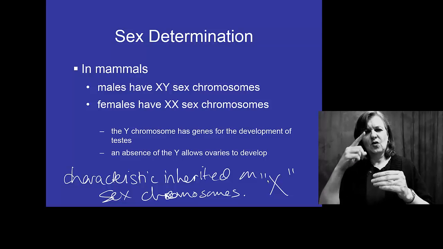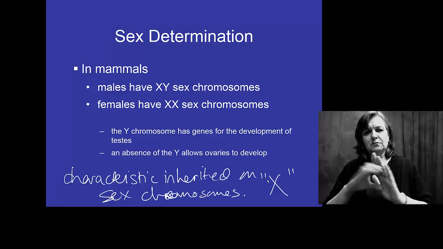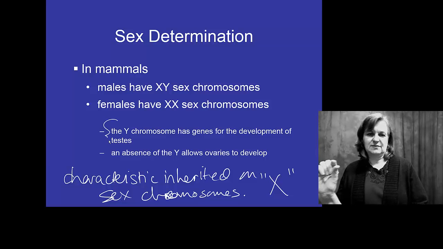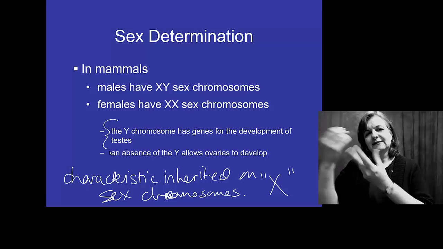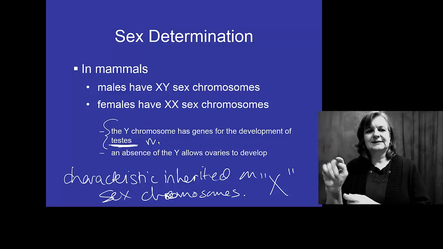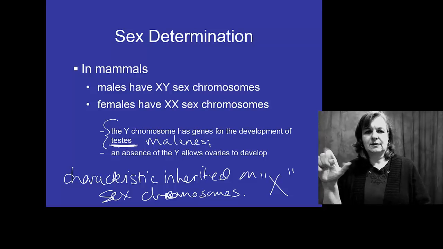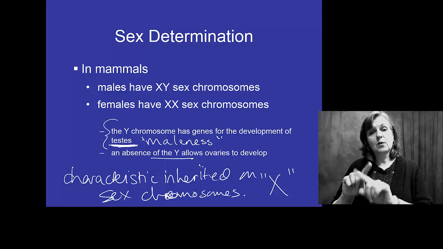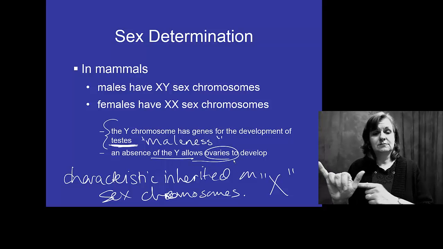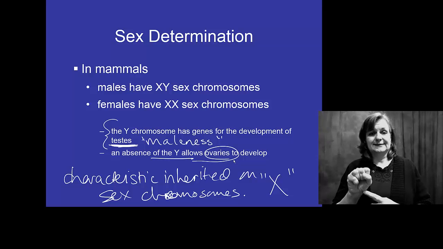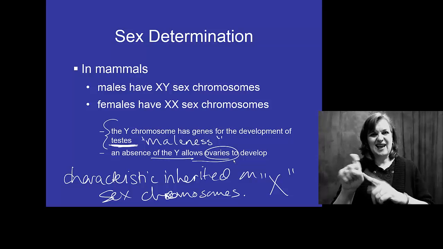Why? No offense, guys, but the Y chromosome is very, very small. Really, the Y chromosome is carrying information in mammals just for the development of testes. Maleness. In the absence of that Y, there are no testes, so ovaries will develop. The X chromosome, on the other hand, is huge. It carries all kinds of different information.